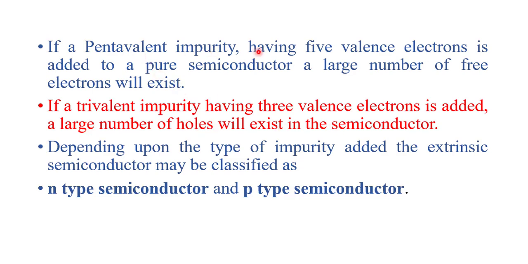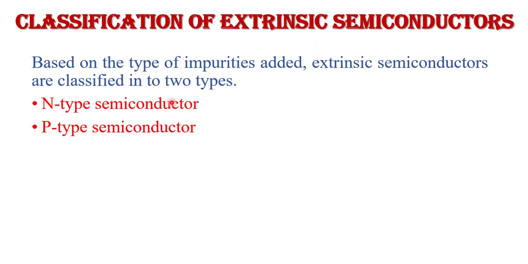If we add pentavalent impurity, a large number of free electrons exist in the semiconductor. If we add trivalent impurity, a large number of holes will exist in the semiconductor. Depending on the type of impurity added in the extrinsic semiconductor, the semiconductor may be classified as N-type semiconductor or P-type semiconductor. So, the classification of semiconductor is based on the type of impurity added in the pure semiconductor.